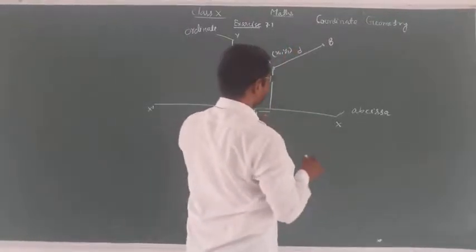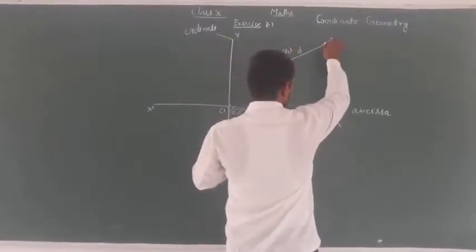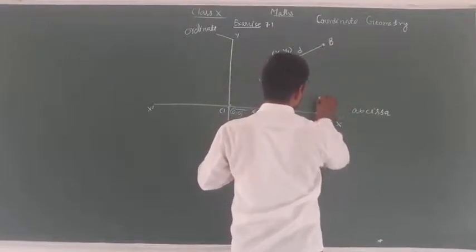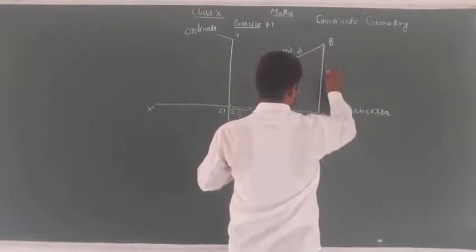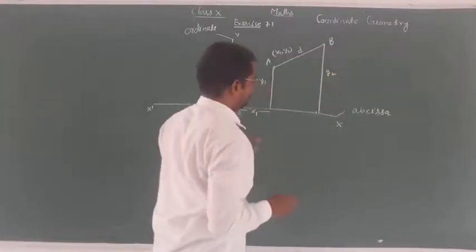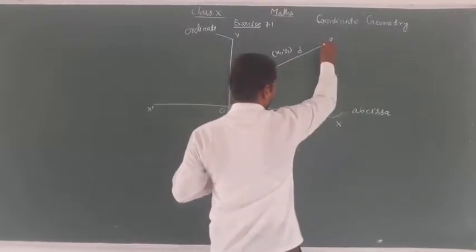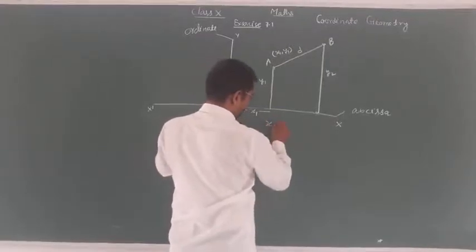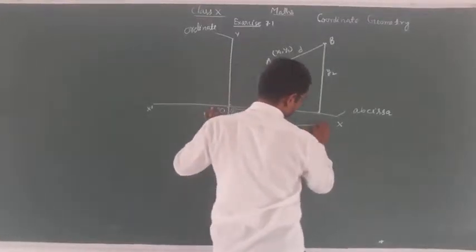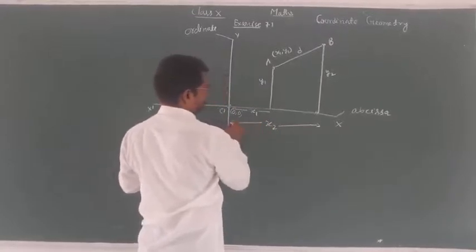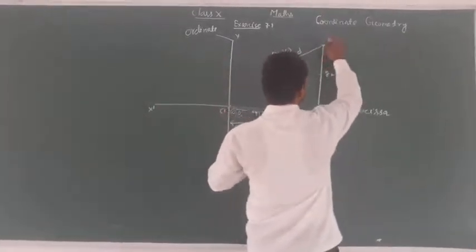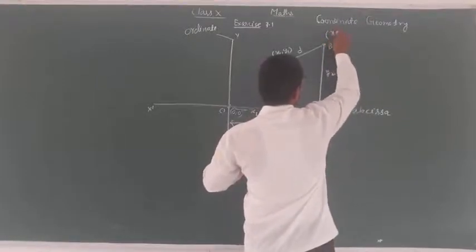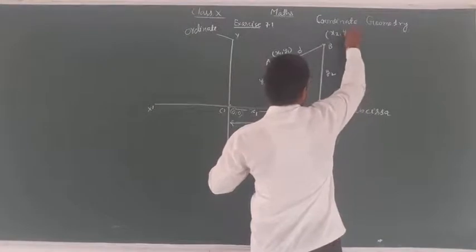Also this point's distance from the x-axis is y2 and from the origin is x2, so its coordinates are x2, y2.